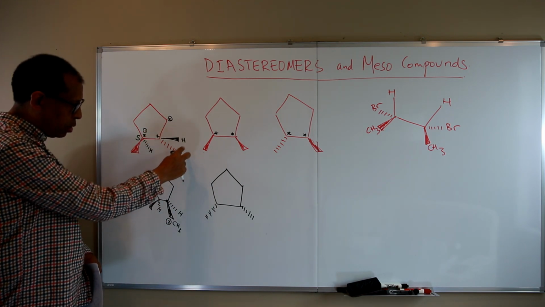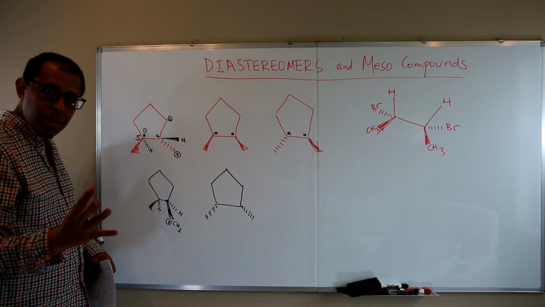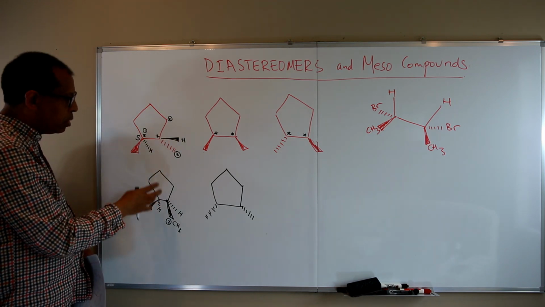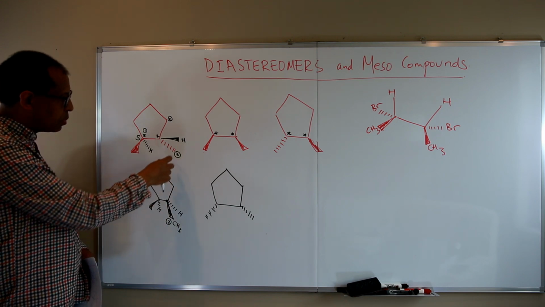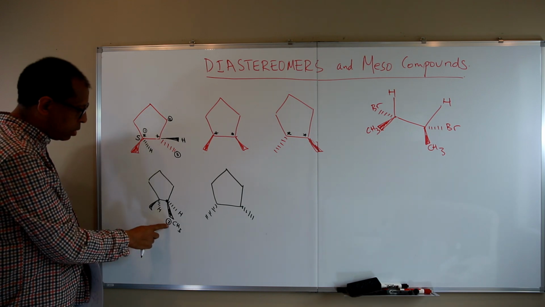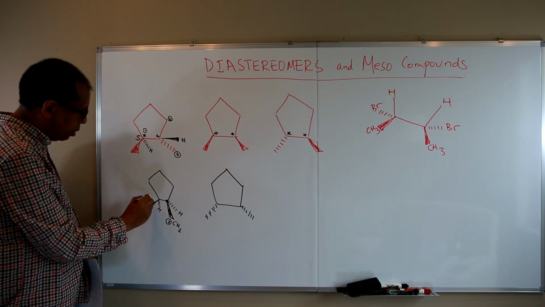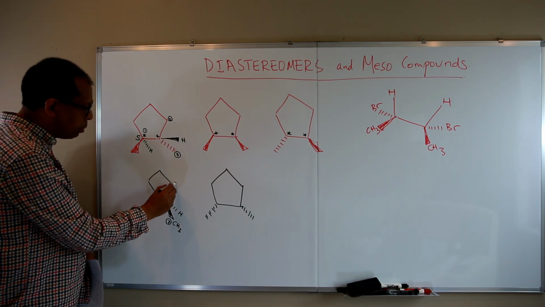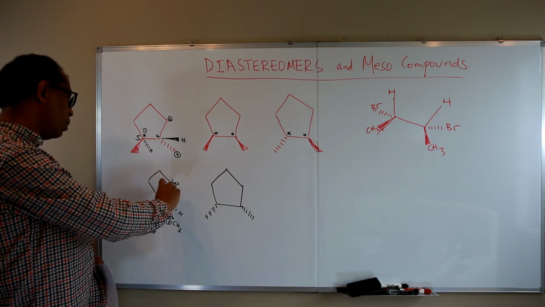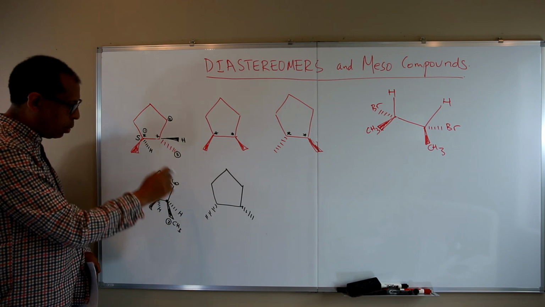I have just switched this to make it easier for me to mentally rotate this. So if you switch, remember that you have switched it. This is 3, this is priority number 1, this is priority number 2. So we are going from here to here, that is clockwise.